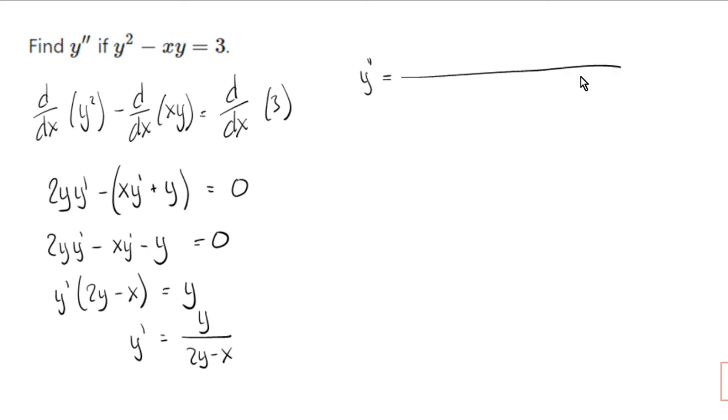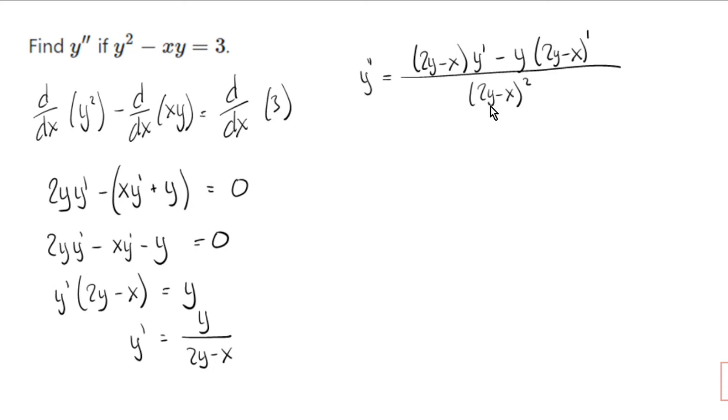So in the numerator we have the 2y minus x, and then the derivative of the numerator, which is just the derivative of y, which is y prime, minus y times the derivative of 2y minus x. And in the denominator, it's going to be this denominator squared. Like that.